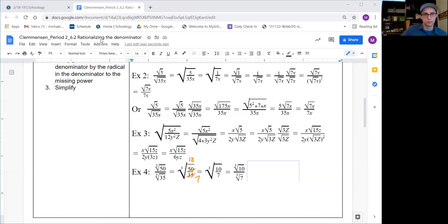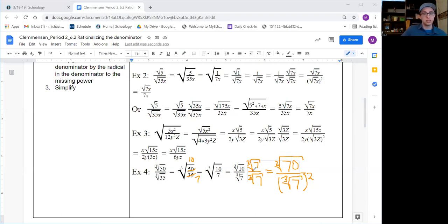If I multiply top and bottom by the cube root of 7 and the cube root of 7, I'll get the cube root of 70 on top over the cube root of 7 squared. Now the problem with that is that my index and my power don't match. This 3 and the 2 don't match.